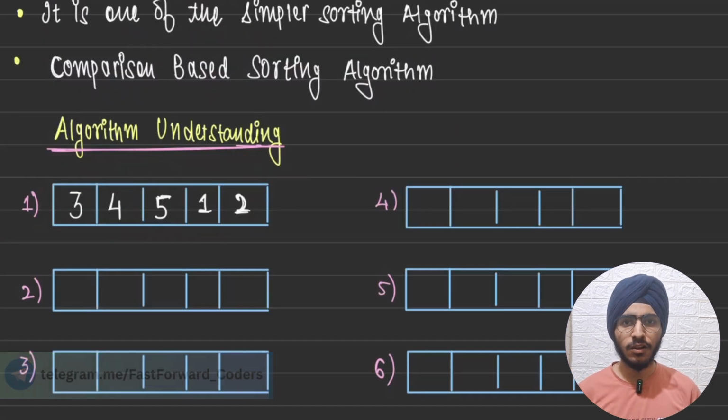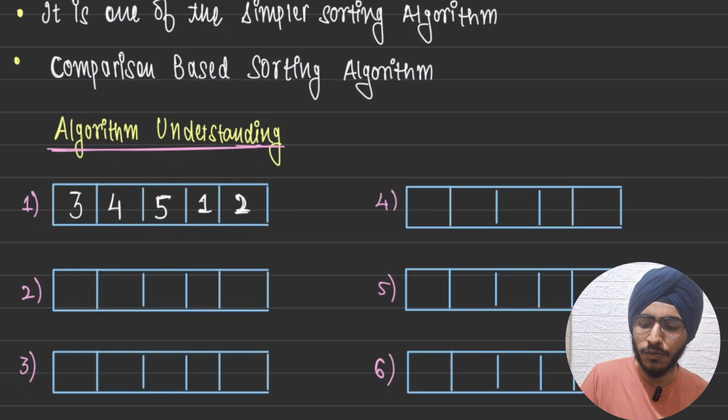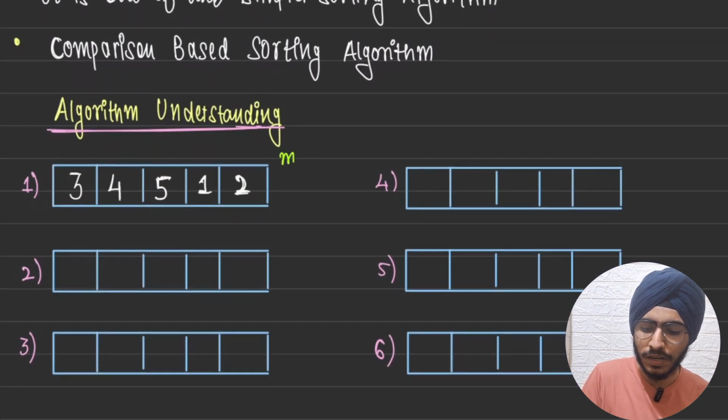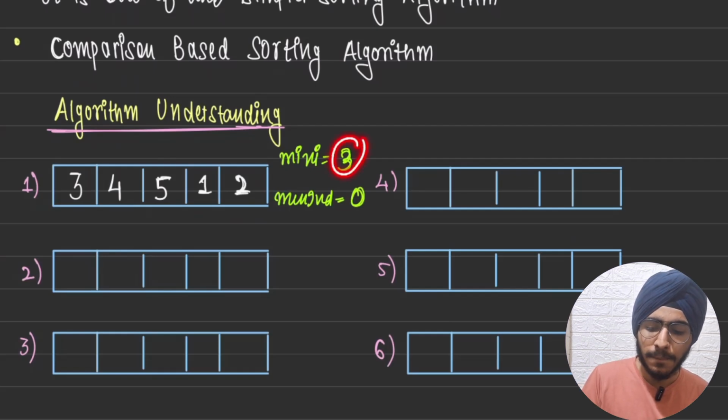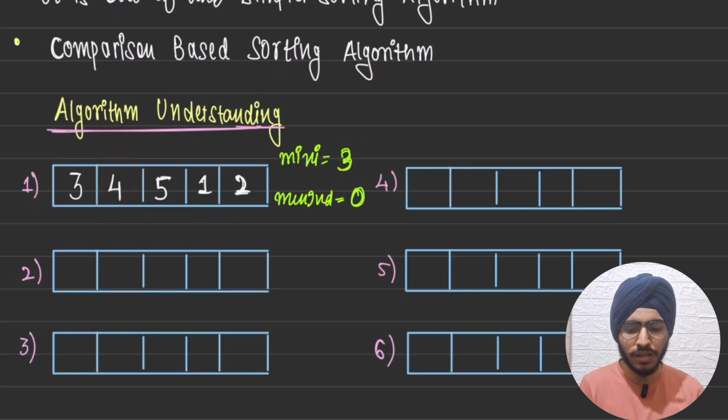So let's understand the algorithm. Firstly, we will maintain two variables, minimum, which for now let's say is 3, and the min index, which for now is 0. Now we will check: is 4 smaller than the minimum?